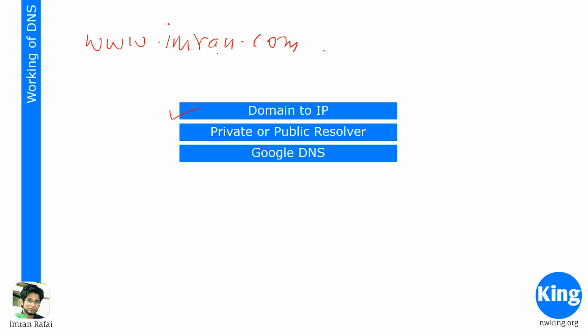As humans, we can remember names more than we remember numbers. So if somebody types this, there should be a mechanism that converts this to the server where I have hosted that file. That is the domain name system. So the domain name system will convert the domain name to a host, right?